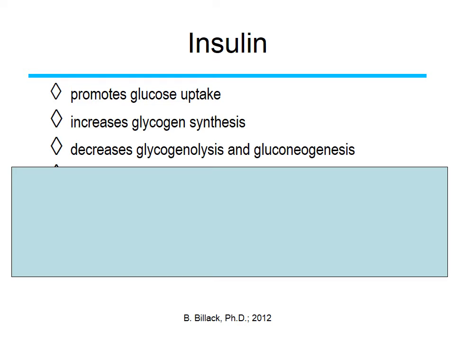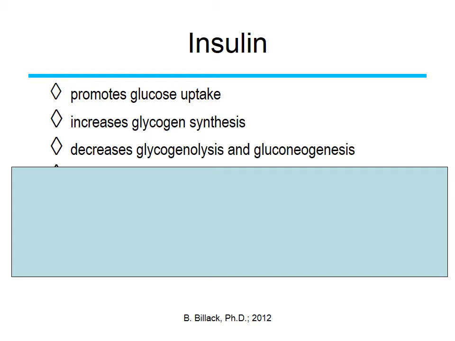So again, when we think of insulin and diabetes, we think of it as the ability to clear glucose out of the blood, a storage molecule. It promotes glucose uptake into cells. The cells will use some of it to make ATP and will store the rest of it as glycogen. And so we see increased glycogen synthesis.